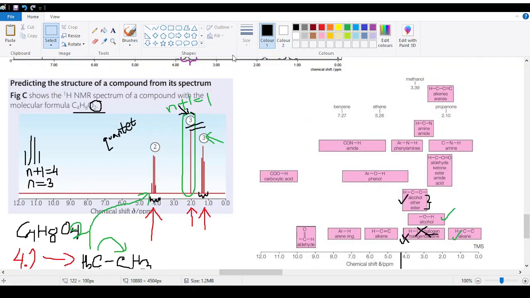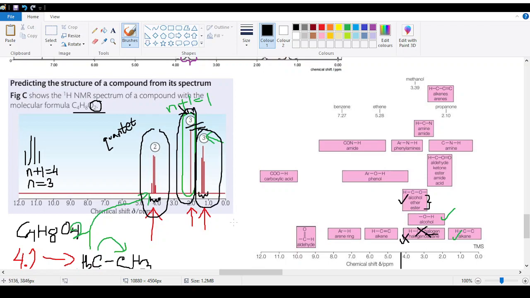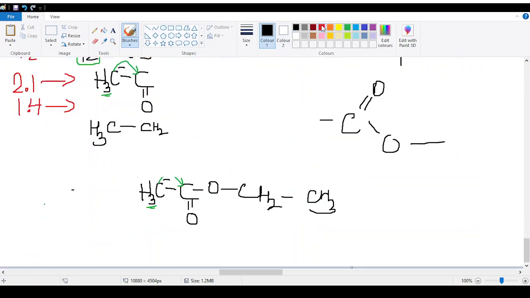Okay. How many overall peaks are there in the graph? 1, 2, 3. So how many different chemical environments? 1, 2, 3. Is that fine?